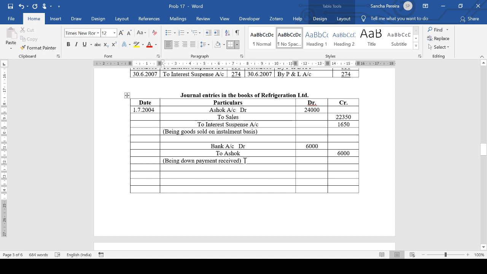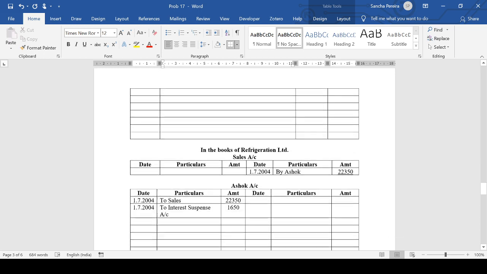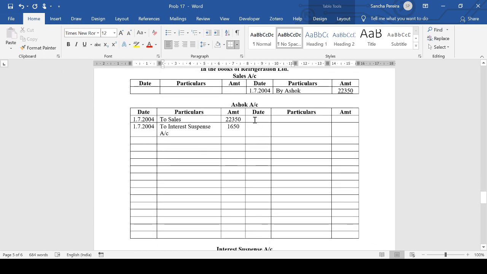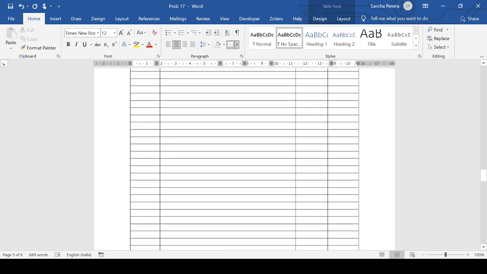In Ashok's account we will have it as by bank, in brackets down payment, 6,000. So we are done with the first two entries that happen only in the first year.